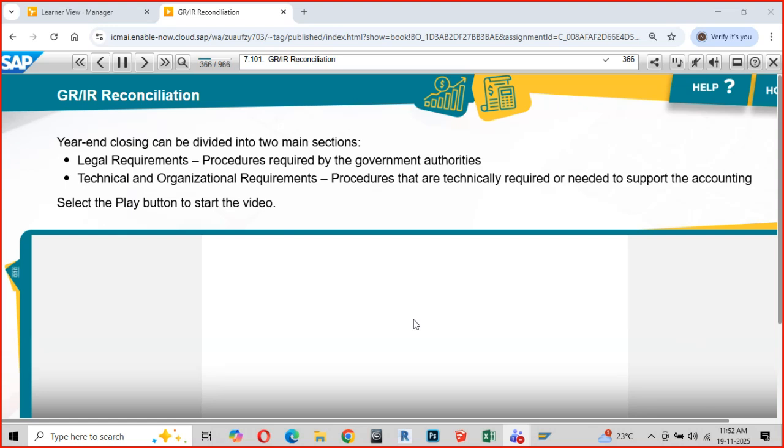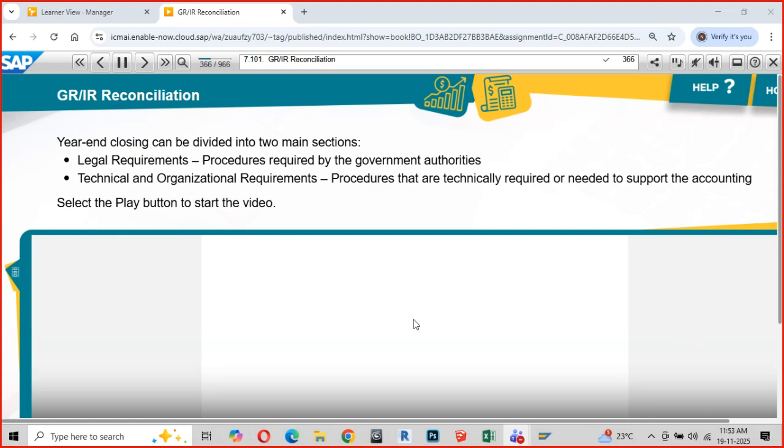If the PO has 100 kgs of material, is the invoice being raised for 100 kgs or only 60 kgs? So what is the difference? And if the PO is for 100 kgs, he has also supplied 100 kgs, but he has not sent the invoice, this is your GRIR reconciliation.